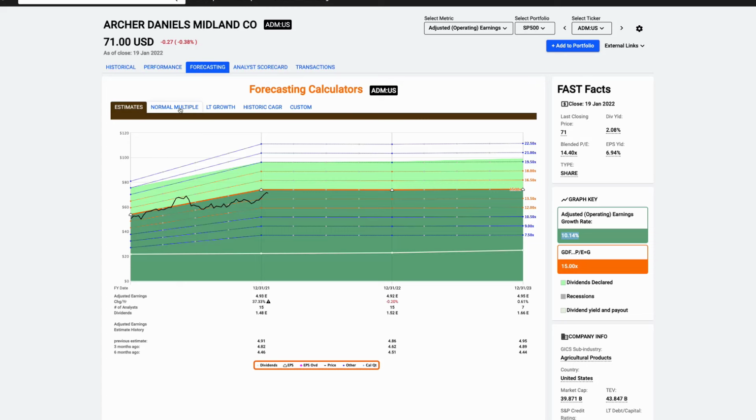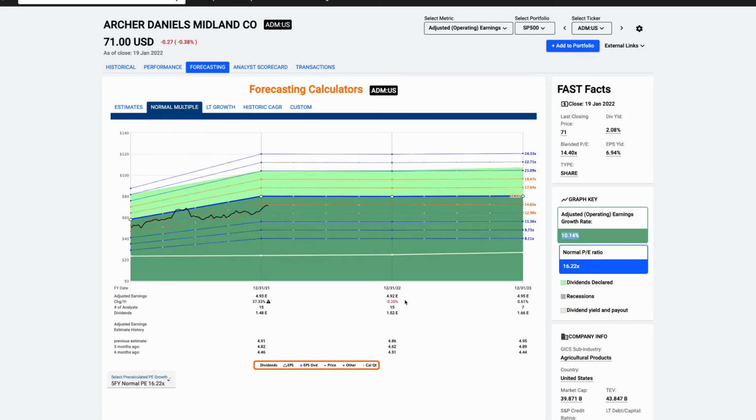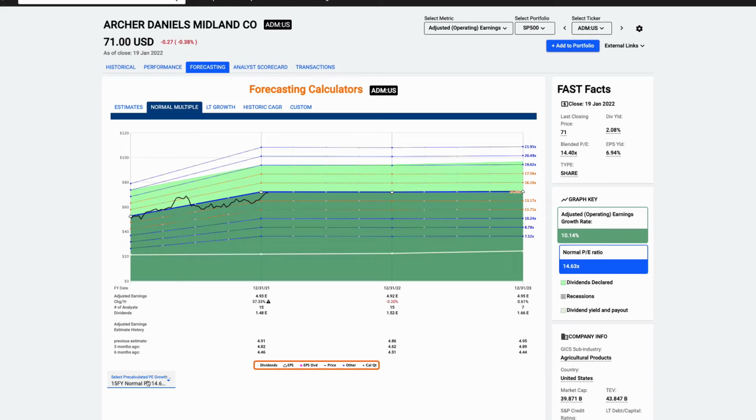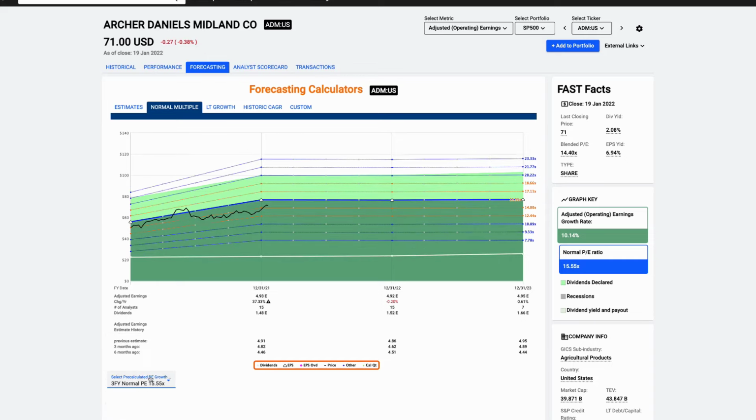The normal multiple then, once again, uses the same estimates that are given by these analysts, but instead of using the orange line formulas that we have, we use the normal PE ratios that have been in the past. So this would be the 15-year normal multiple. This would be the 3-year normal multiple.